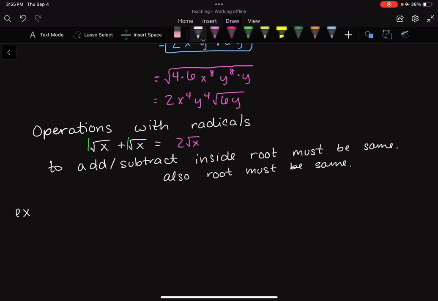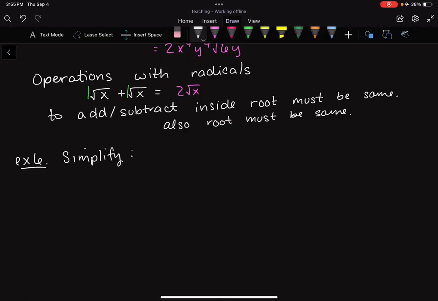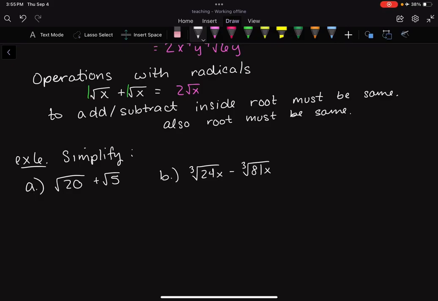So we'll do another example here. I think this is number 6. Simplify. There are just so many different small types in here, so that's why there are so many different examples. First one, let's do root 20 plus root 5. B, I've got cubed root of 24x minus the cubed root of 81x.